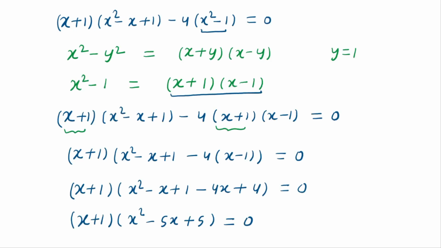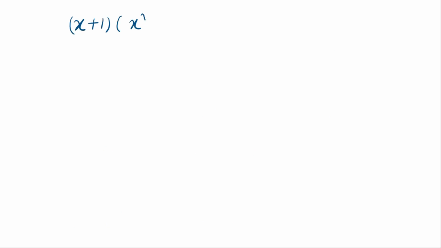Here on the left hand side we have (x + 1) times (x² − 5x + 5), and this is equal to 0.